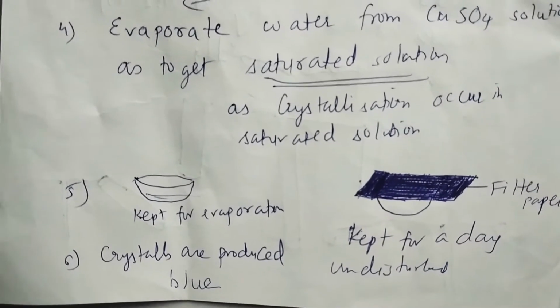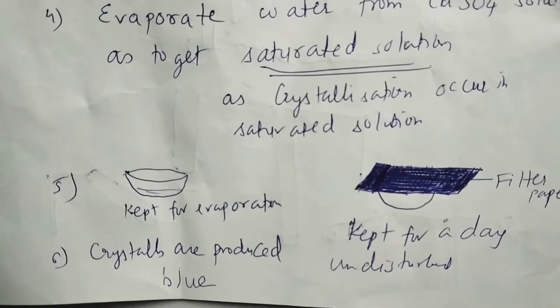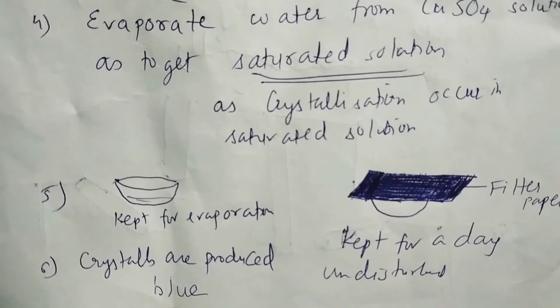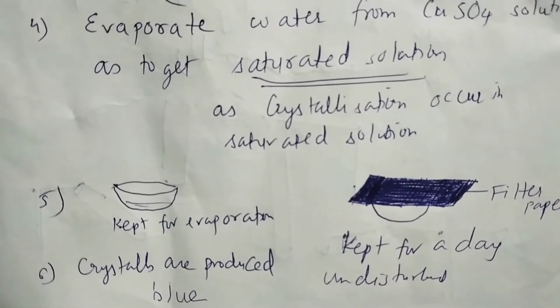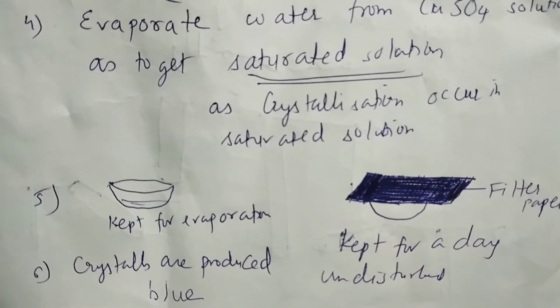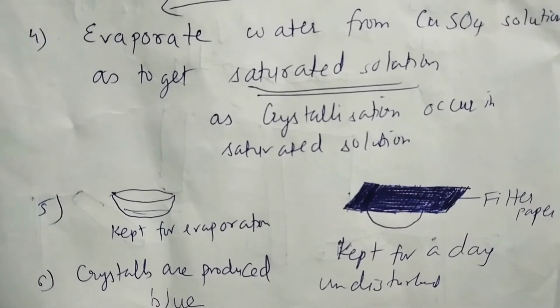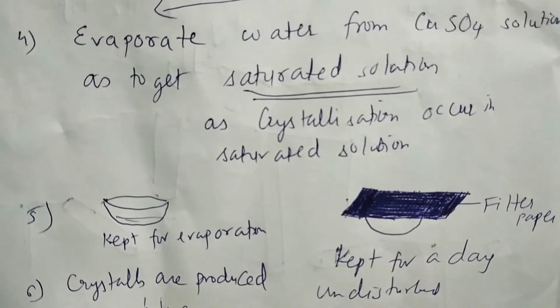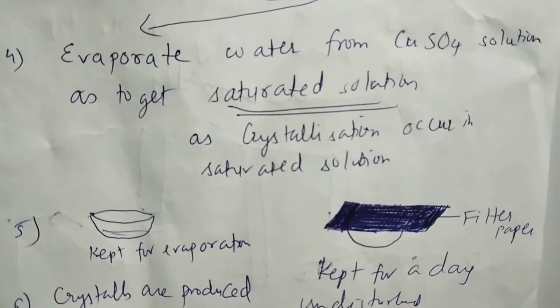So dear students, in this technique we are not only separating the impurities from the copper sulfate, but also purifying it. Why? Because a crystal is a pure form of a substance.